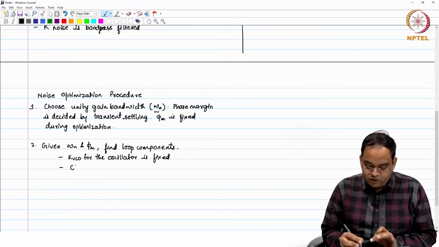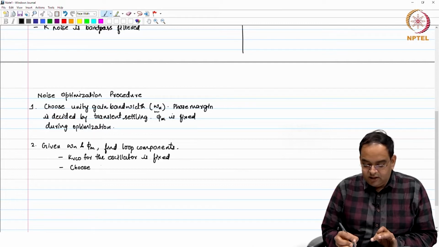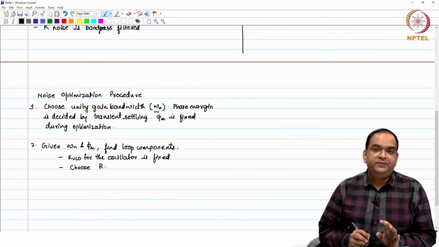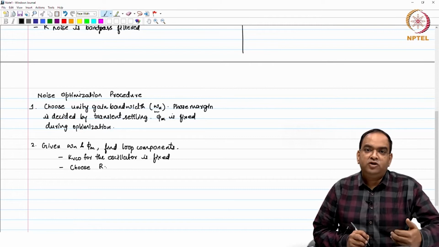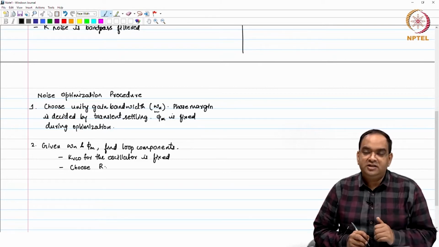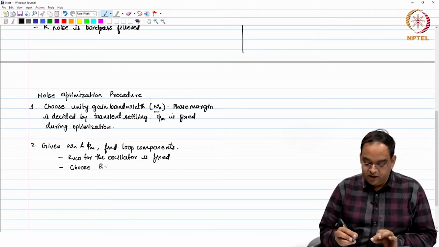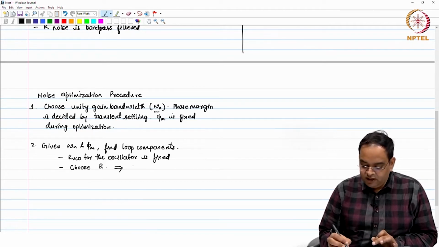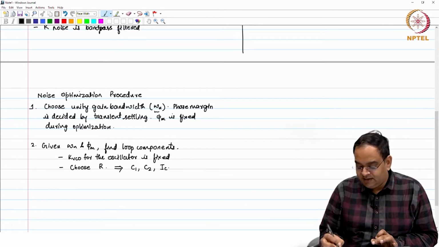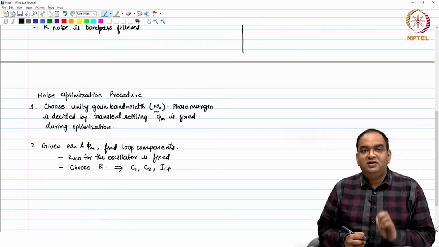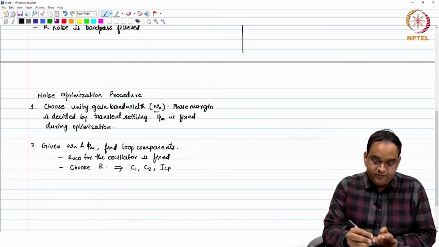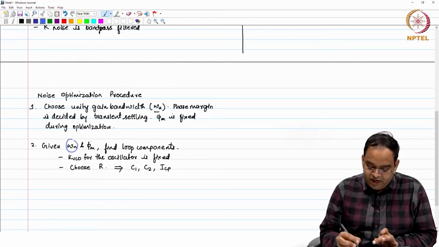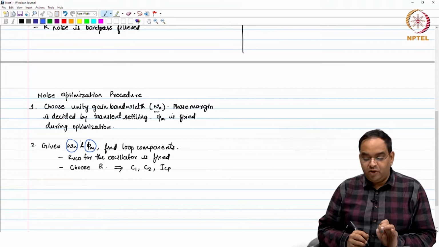You have to choose R in these calculations, because we have seen that for the loop gain and the phase margin as we want, you have to make a choice on R. Only when you choose R and KVCO is given, then you will find C1, C2 and ICP, such that you get the chosen omega u and phase margin for the loop components.